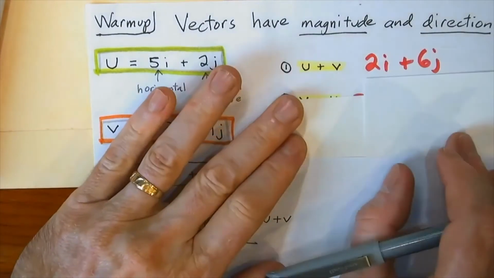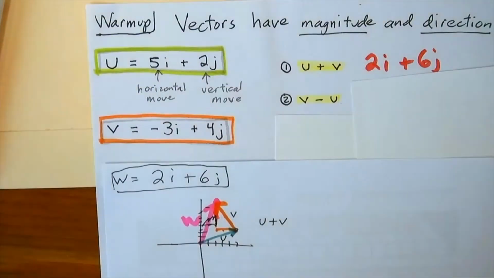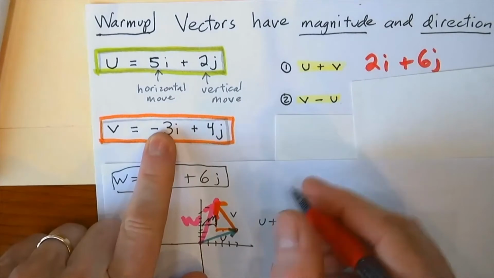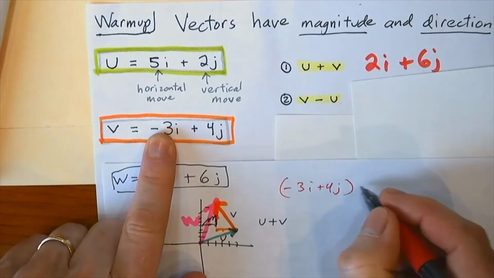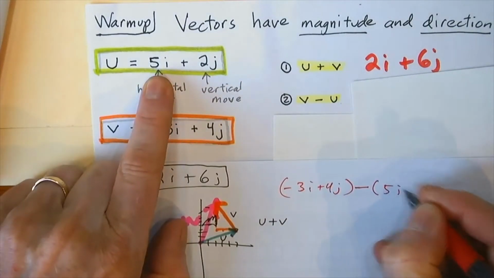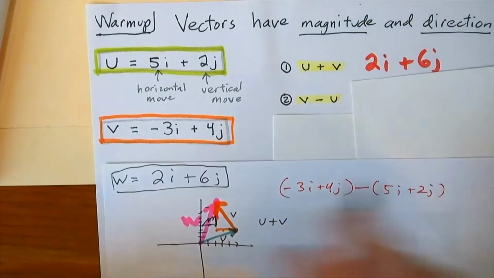How about v minus u? Yeah, make sure you get the correct order. V minus u: start with this guy, -3i plus 4j, and then subtract u. U is 5i plus 2j. So the order matters. You're going to have this subtract that.